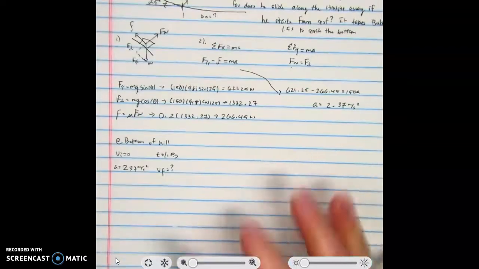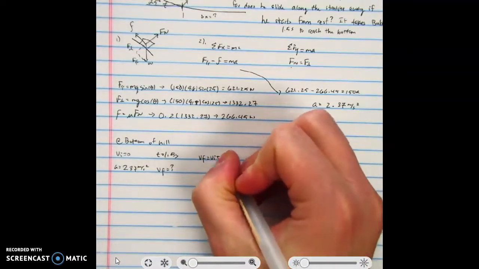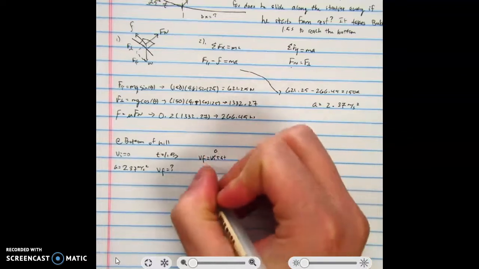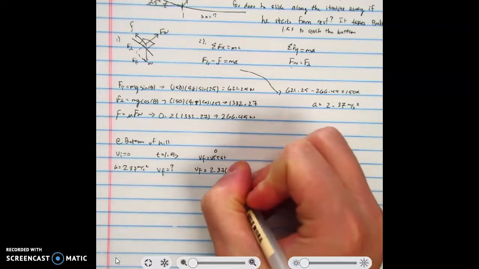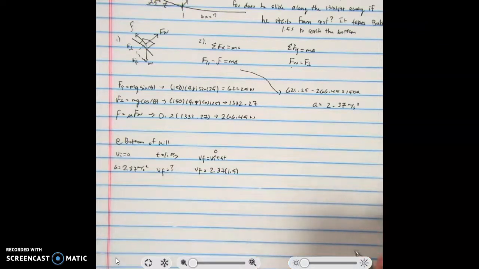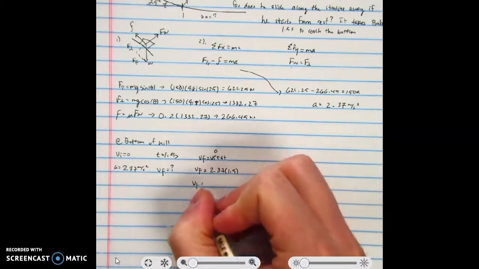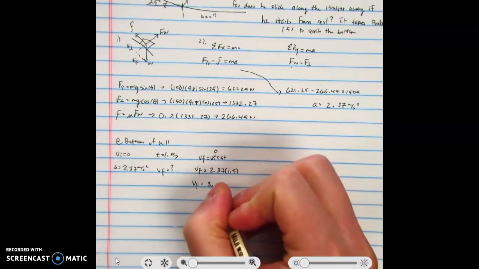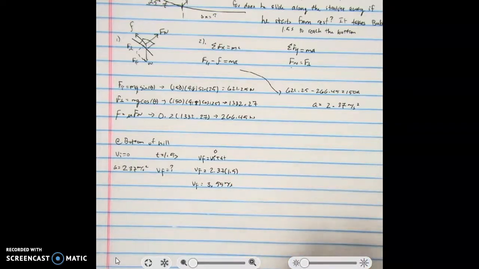Using the first kinematic equation, V final equals V initial plus AT, V final is equal to 2.37 times 1.5. So as he reaches the bottom of the hill, Bubba is going at 3.55 meters per second.